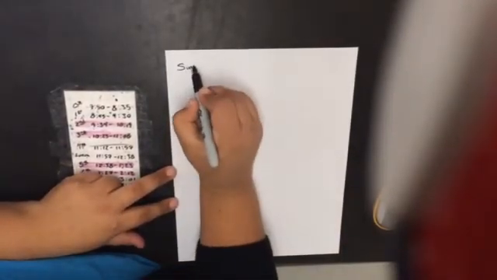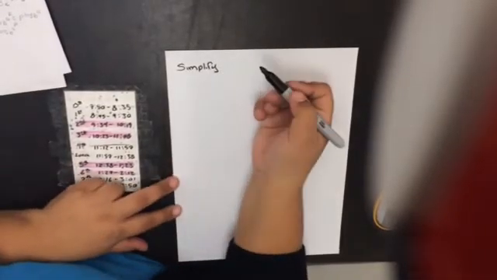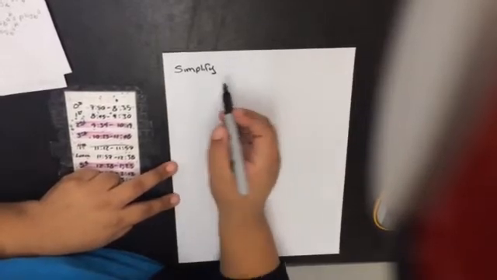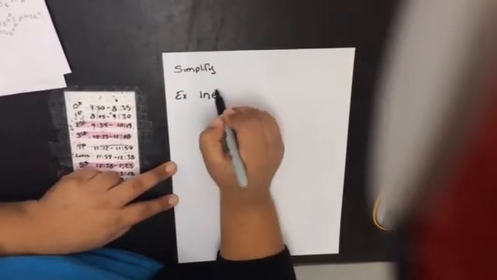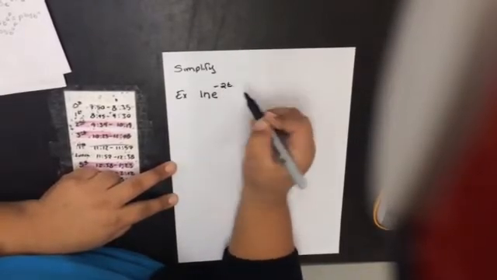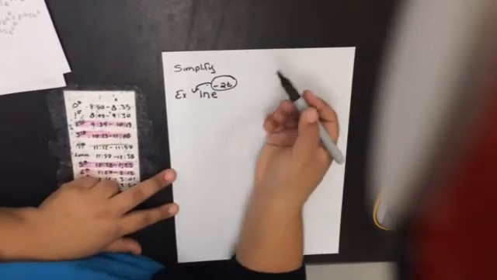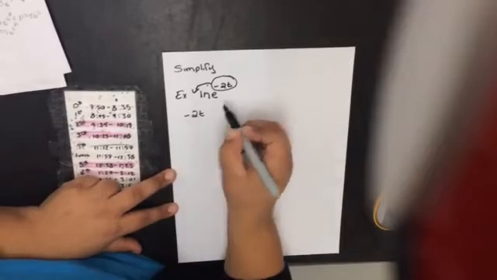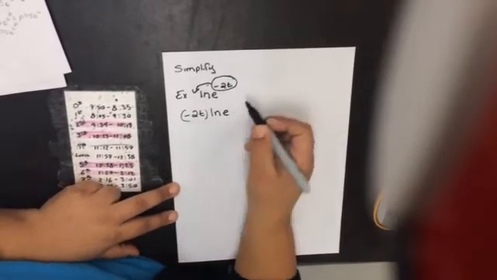Now if we want to simplify, all the properties that you learned in 7.4 also apply for the natural log. So if we have the natural log of e to the negative 2t, what I want to do is bring the exponent to the front. So then I have negative 2t times the natural log of e.